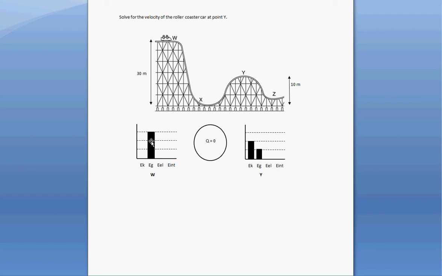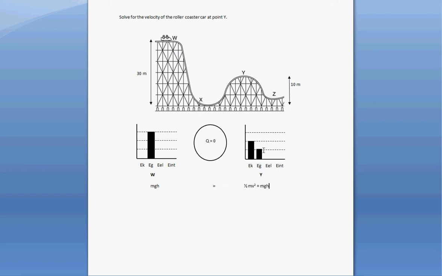So we're going to start with, we had gravitational potential energy to start, and that is mass times gravity times height, and that is going to equal, well, we have 2 types of energy over here. We have kinetic energy, so that's 1/2 mv squared, and we also have some gravitational potential energy left over, so that's going to be mgh again.